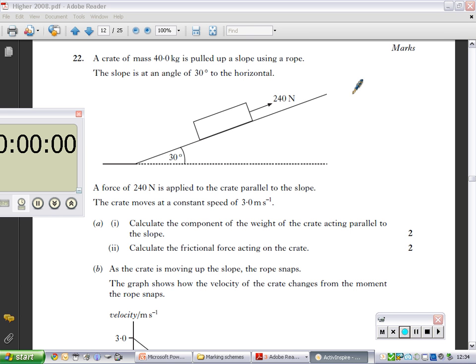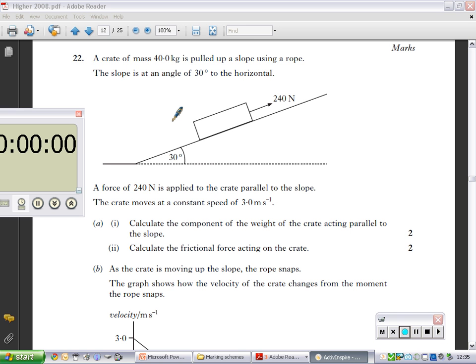Okay. Calculate the frictional force acting on the crate. And this is where this word comes in: constant. If it is a constant speed of 3 meters per second, what must be the force opposing the motion of the crate? 240 newtons. There must be 240 newtons opposing the motion of the crate, and that's why the forces are balanced, because it's a constant speed.